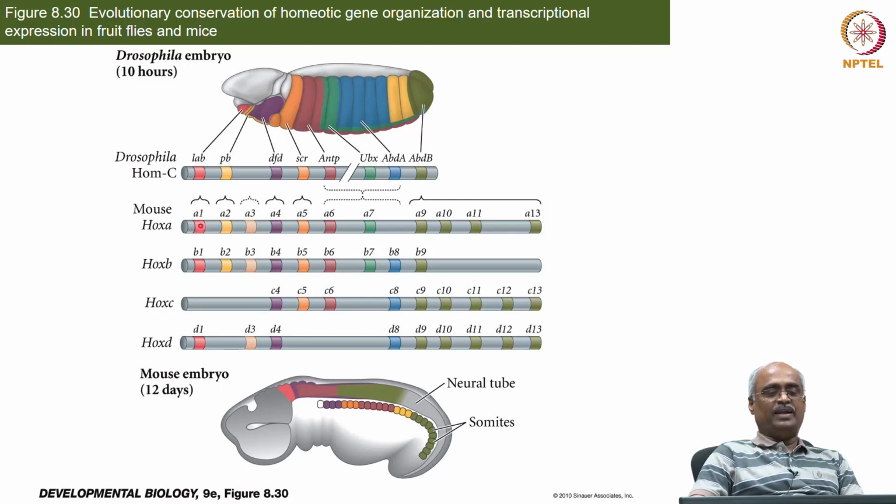So this A1, B1, D1, etc. are paralogs. The same sequence present in multiple copies in the same organism are called paralogs. Okay. So these are sequence-wise most closely related to each other than to the other Hox genes, and so on.